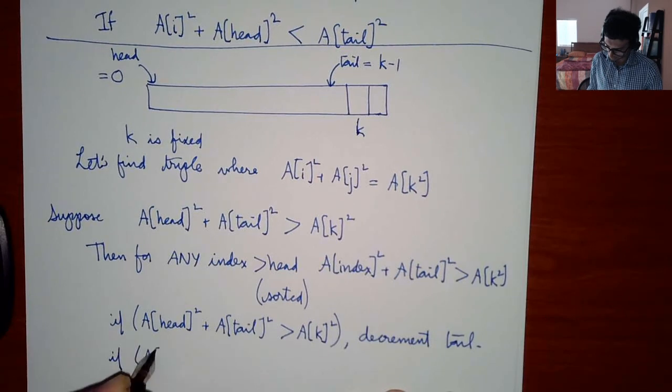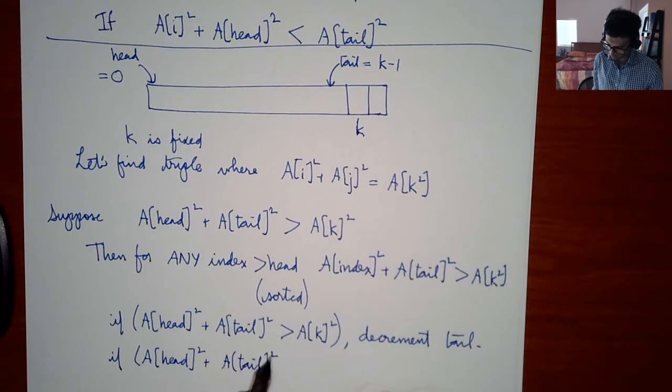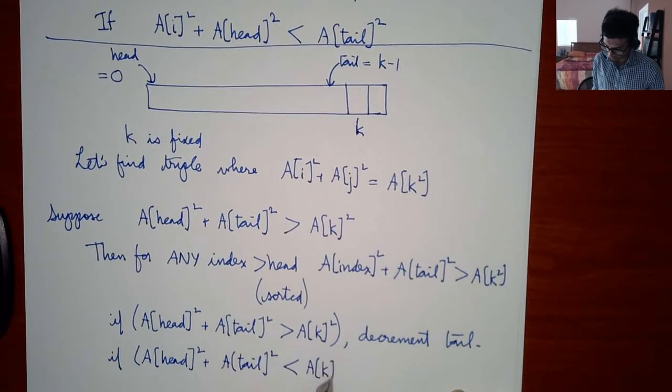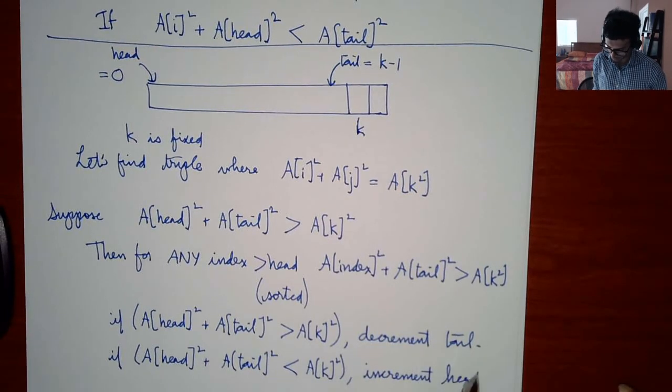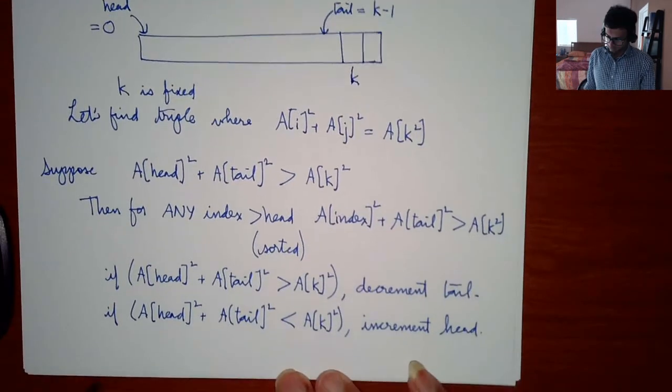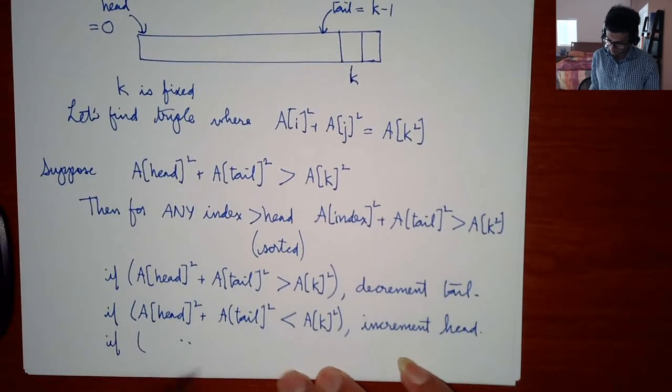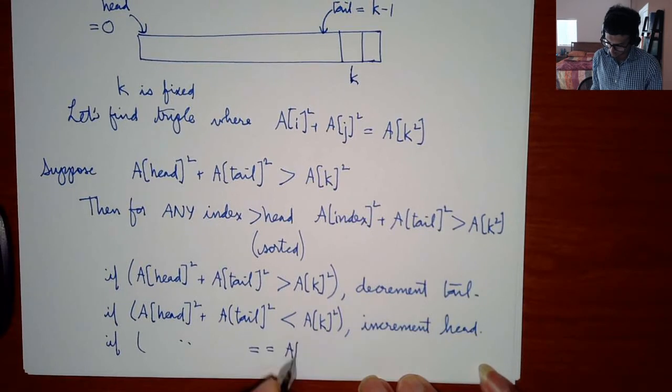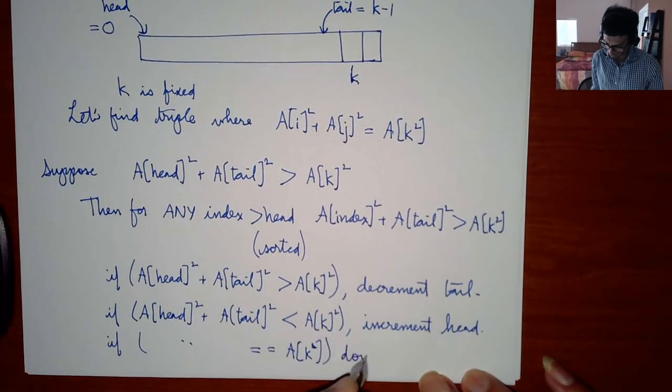If A of head squared plus A of tail squared is less than A of k squared, then you increment head. And if this is equal to A of k squared, then we're done.